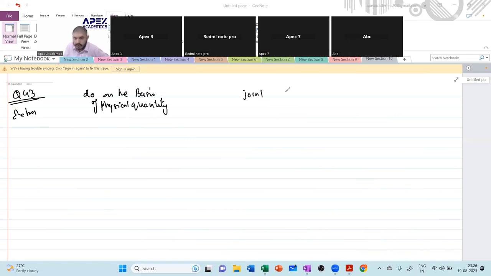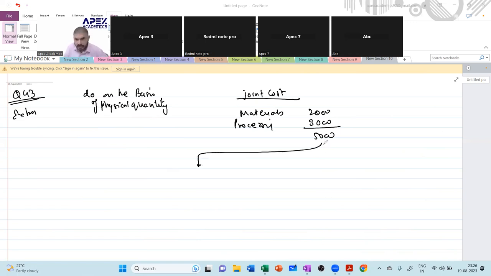First of all, joint cost is that of materials, which is 2,000, and processing, which is 3,000. It's a total of 5,000. On this 5,000, you have two products coming your way. One is giant and second is mini. Giant has 600 gallons and mini has 200 gallons.